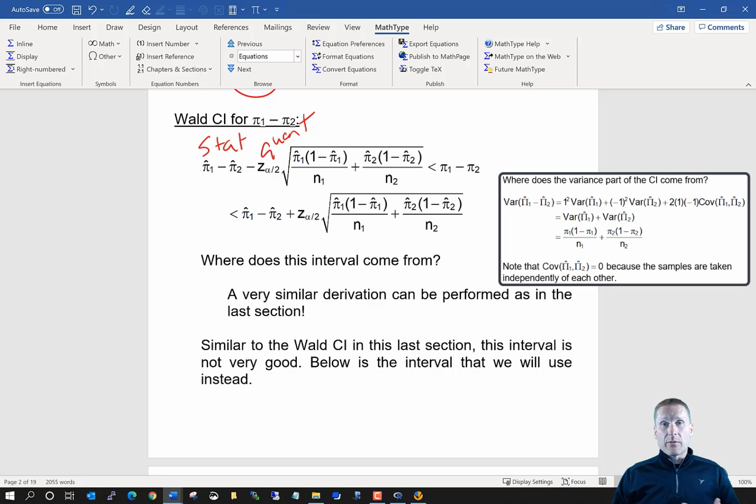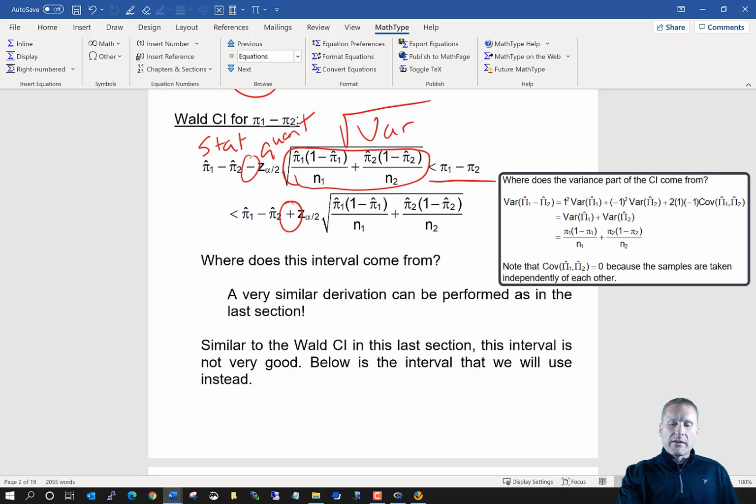So that's why we end up using a standard normal quantile. And then we take it times the square root of the variance of pi hat 1 minus pi hat 2. So we do that on the left side. Notice what's in the middle, pi 1 minus pi 2. And on the right side, we simply add that same set of quantities.